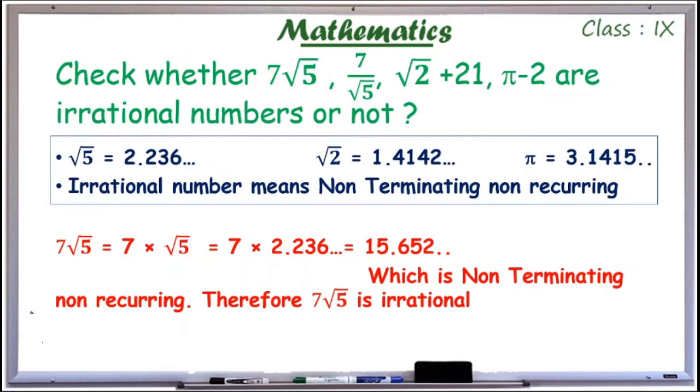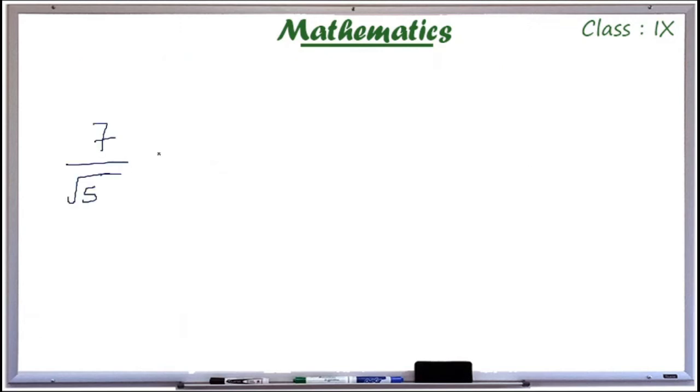And next case, 7 by root 5. First I can multiply root 5 on both sides.